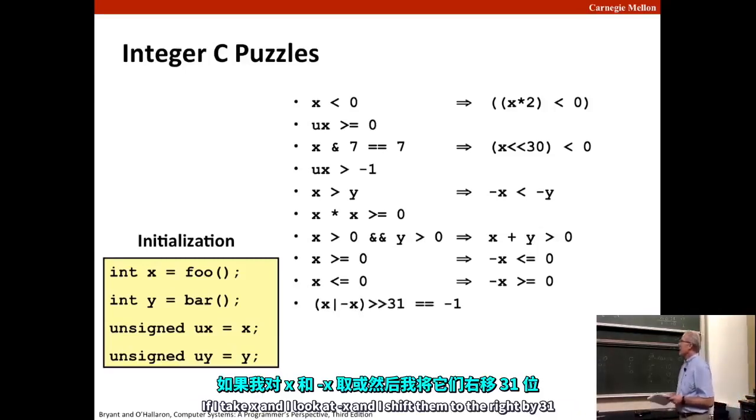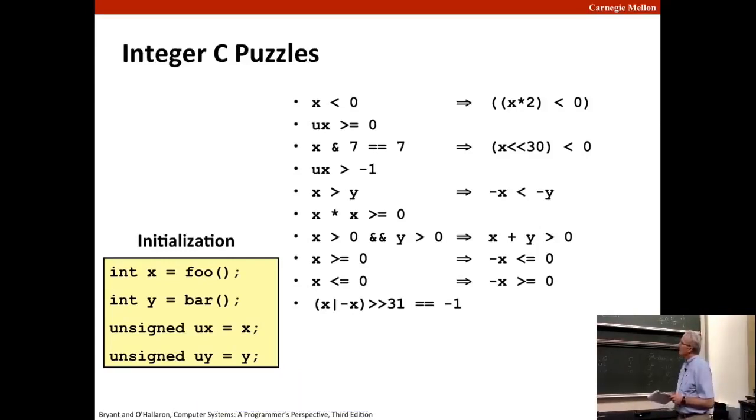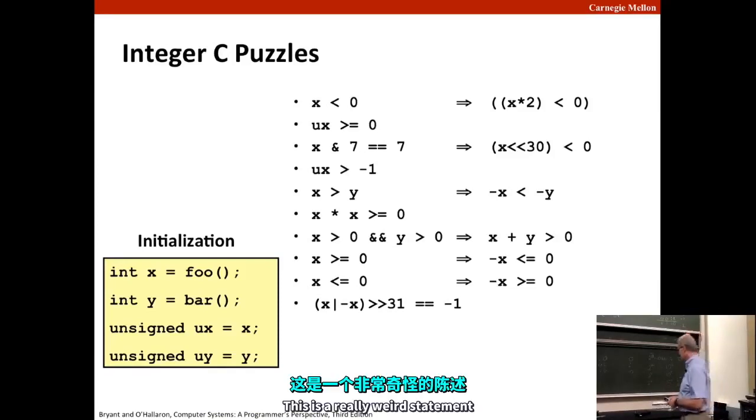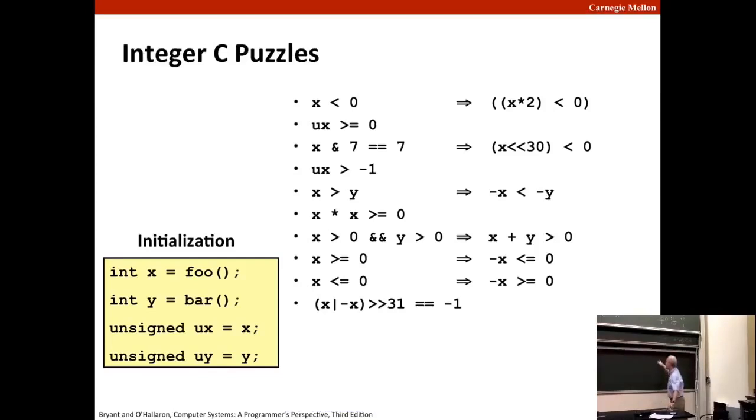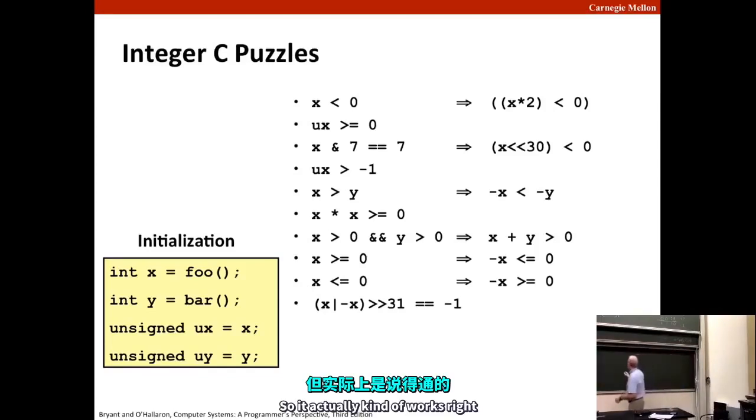If I take x and I look at minus x and I shift them to the right by 31, am I going to get all 1s? This is a really weird statement. So it actually kind of works, right?